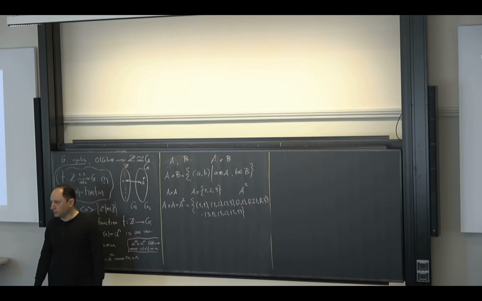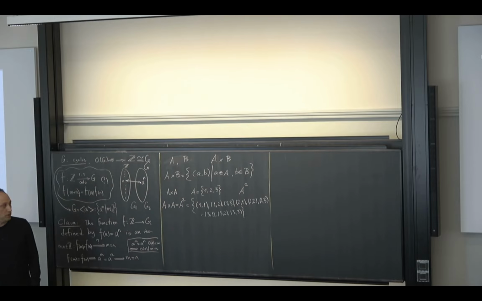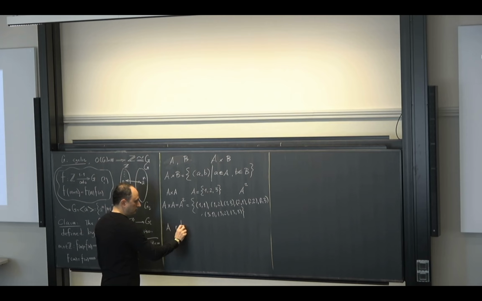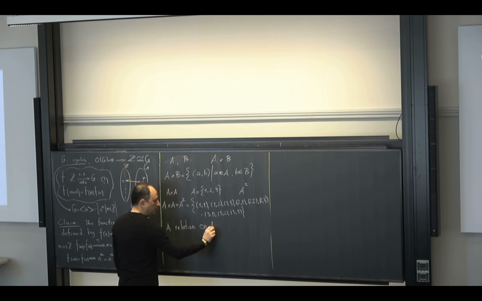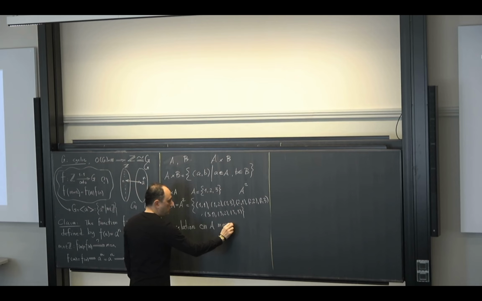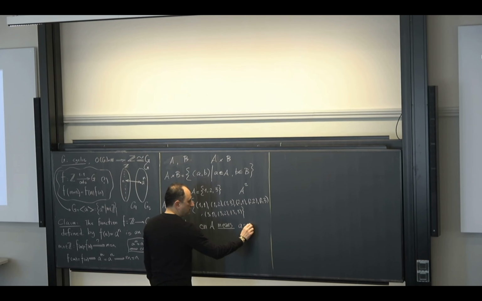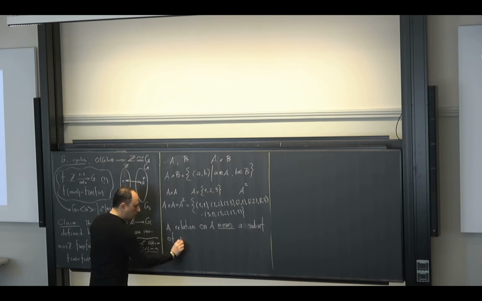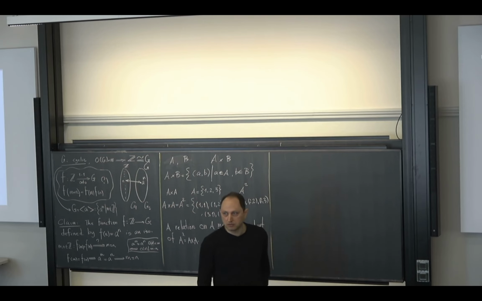This is A squared, or A times A. But now when I say write a relation on A, this is the definition: a relation on A means a subset of A squared, which is defined to be A cross A. For the time being, we don't have anything with groups this lesson, no groups.